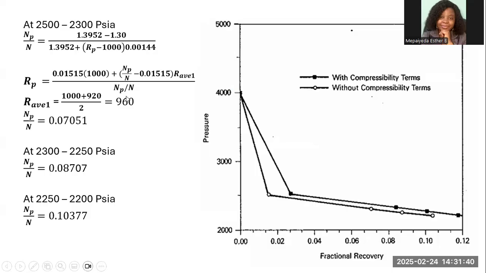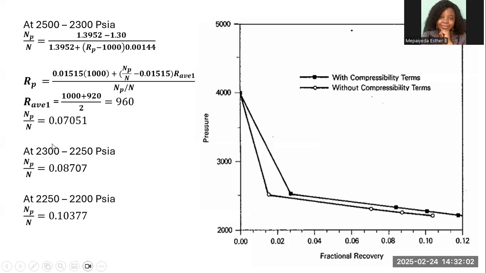Your R average is 960 because it's between 2,500 and 2,300 psi. So your R average is 960. You bring your 960 here, and then taking this whole equation and slotting it into here, you will get your Np over N to be 0.07051.